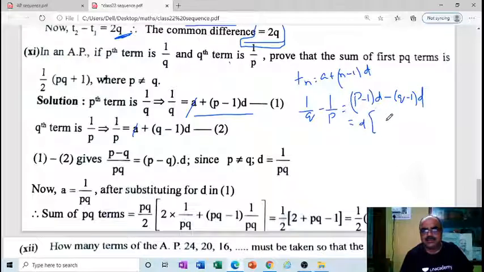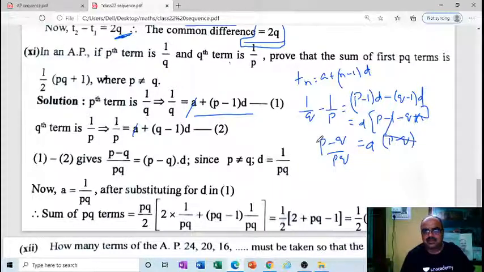Take d out, p minus 1 minus q plus 1. These two cancel. Here you get p minus q by pq into d is p minus q. P minus q, if you remove, d equals 1 by pq.